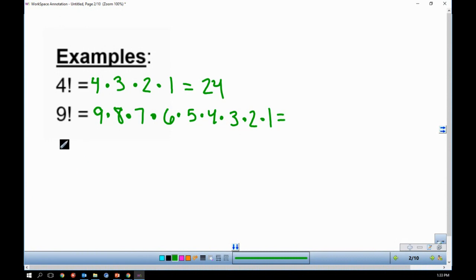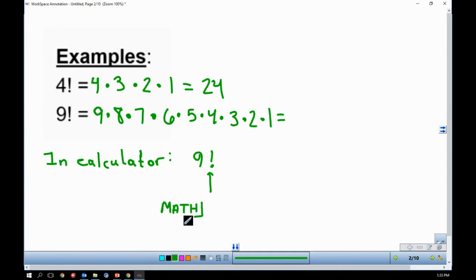In the calculator, you would type the number, but to get the factorial, you hit math, then go over to probability, PRB.